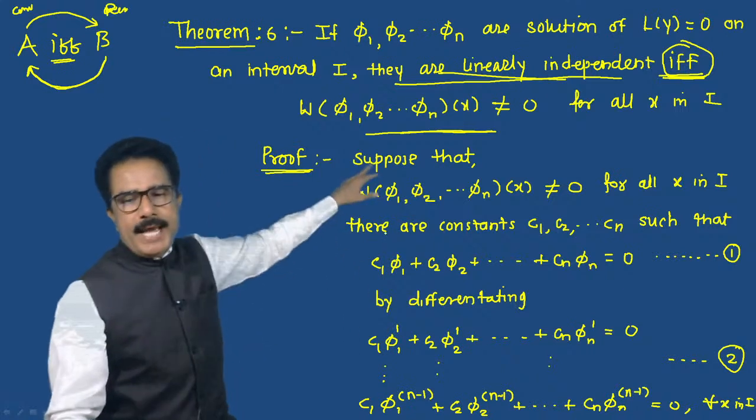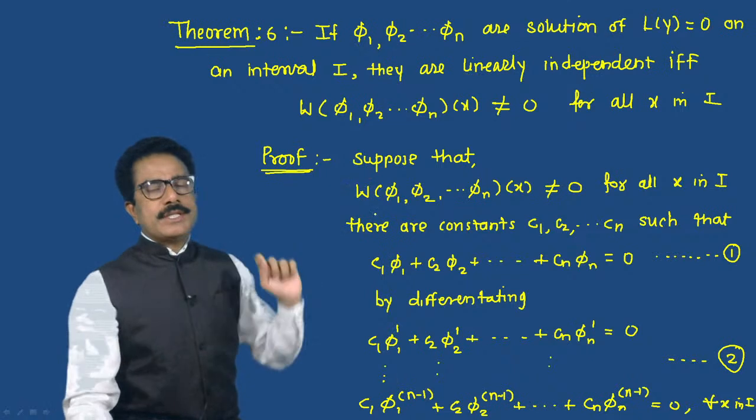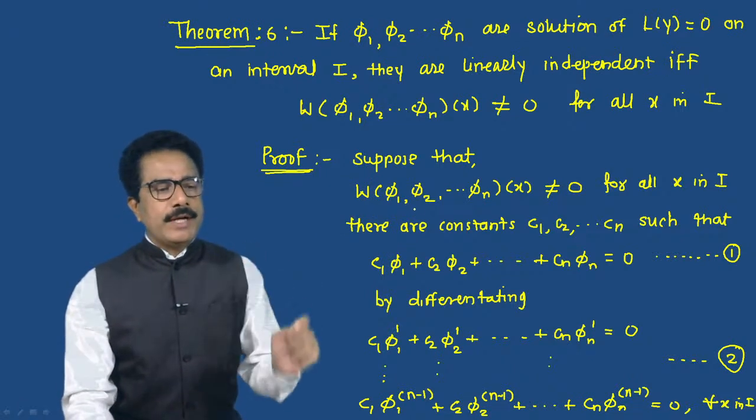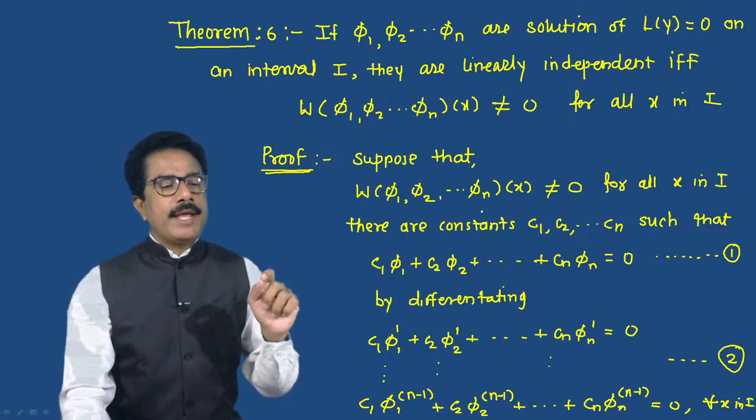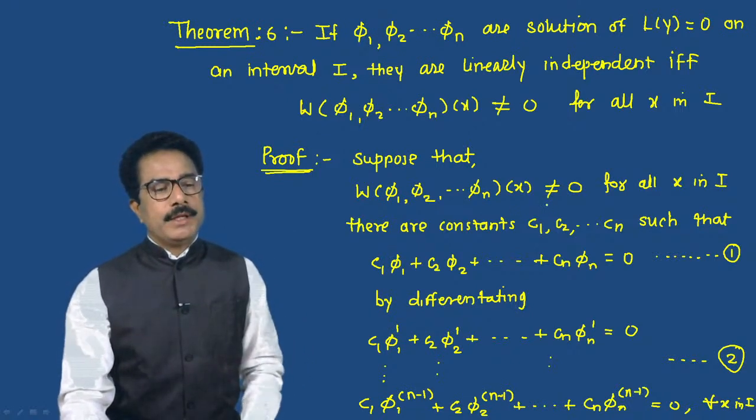Now suppose that, now start the proof. Now suppose that Wronskian of phi 1, phi 2, phi 3 ... phi n of x is not equals to 0.